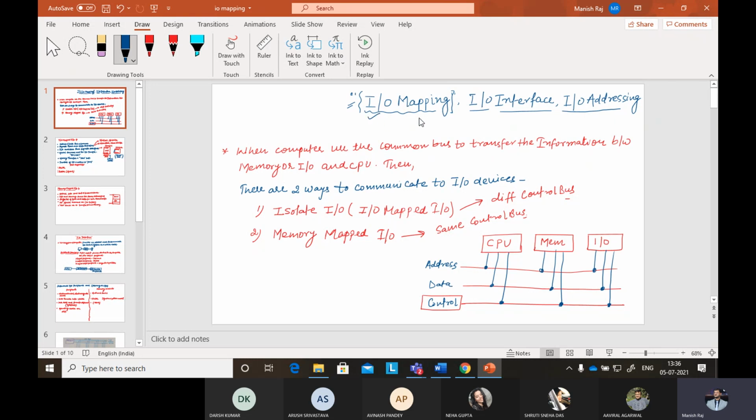So what does IO mean, and how can we map it? The word mapping is there. Where are we mapping these things? IO, I already told you in the first class of this subject, in the introduction part, when I told you about the CPU.